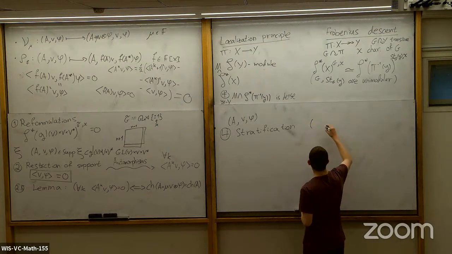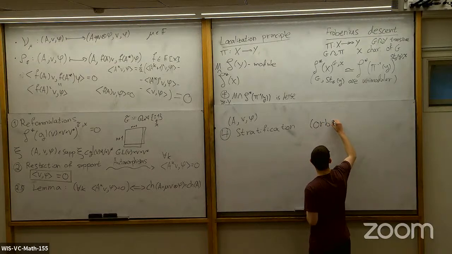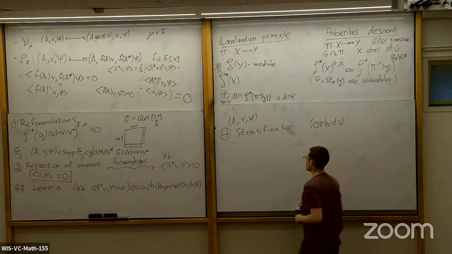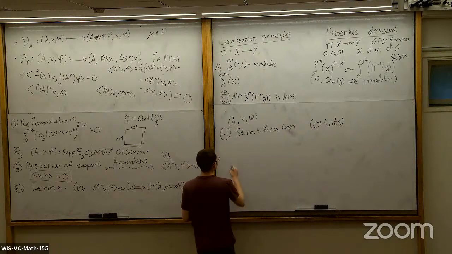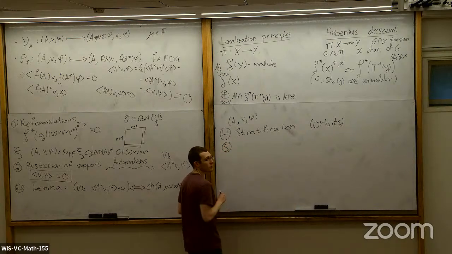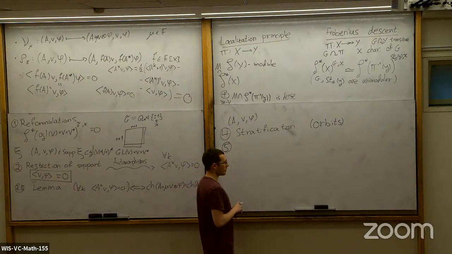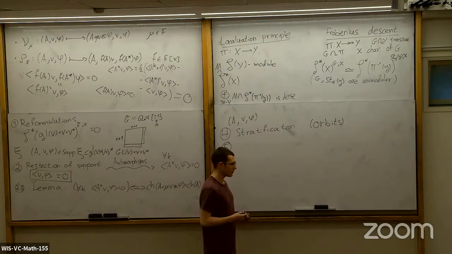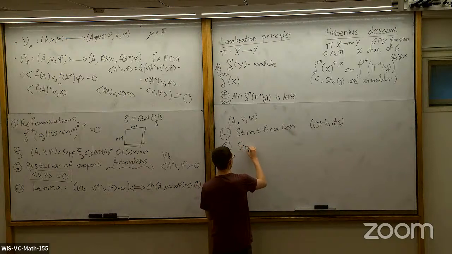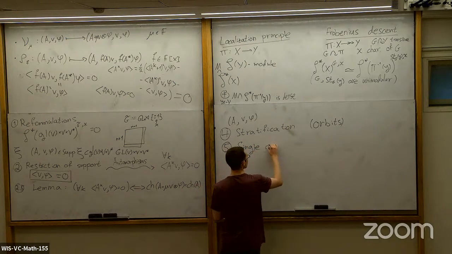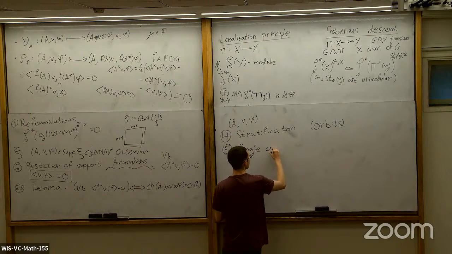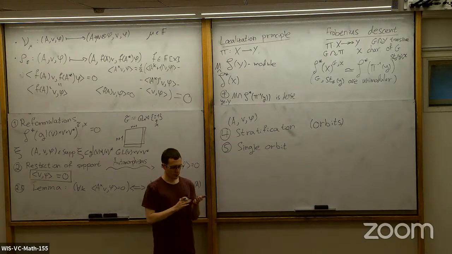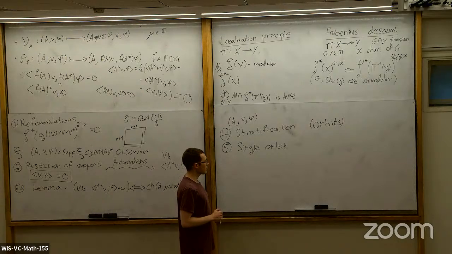So let me just write it. It's with respect to orbits. Now we have the claim for a single orbit. So we want to show that if we have a distribution on a single orbit, then we have some conditions.